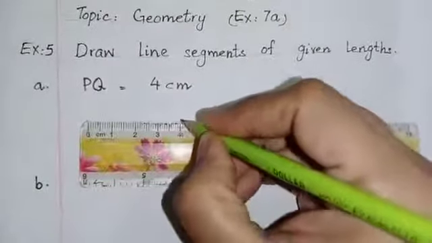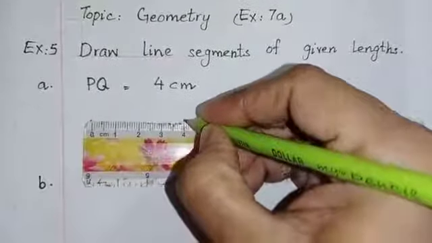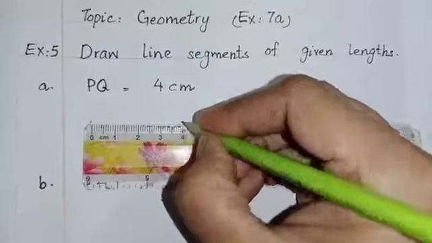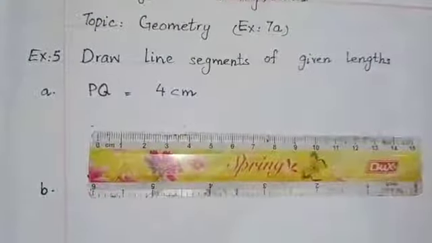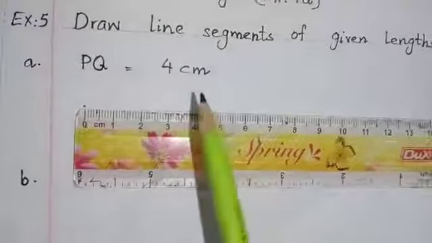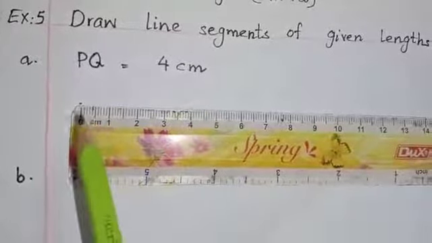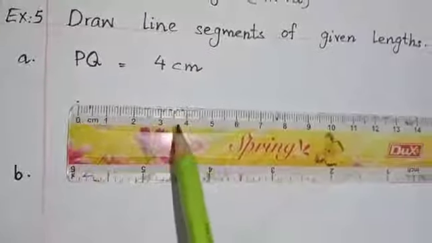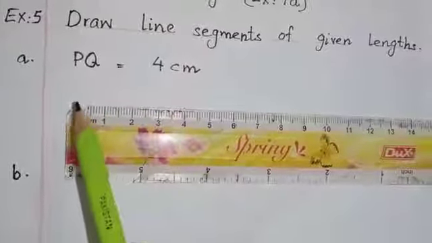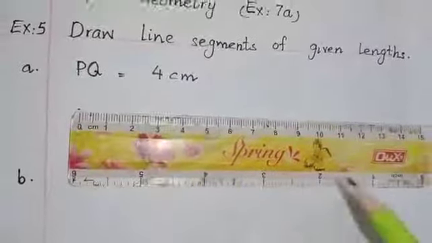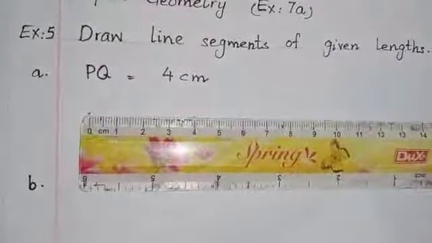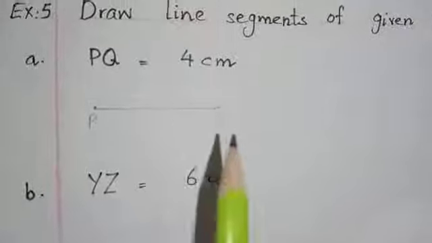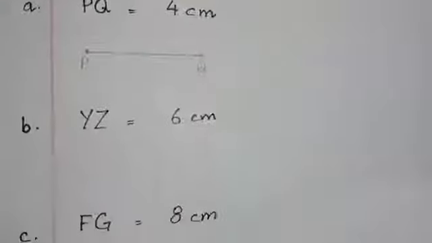It's here. Now, again, mark a point. It is point Q. Now look at this, it's exactly 4 centimeter, and now we will join these 2 points, PQ.